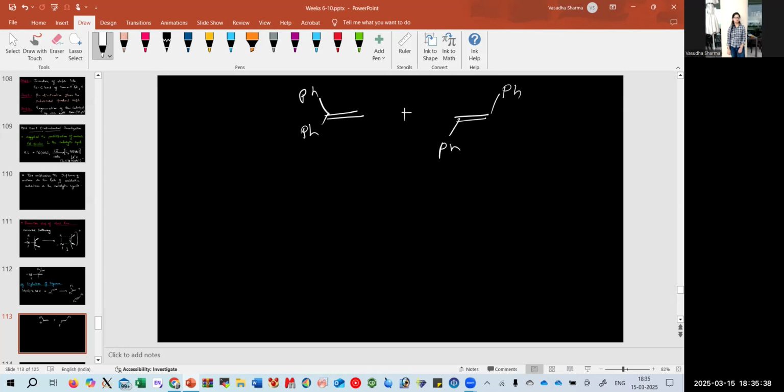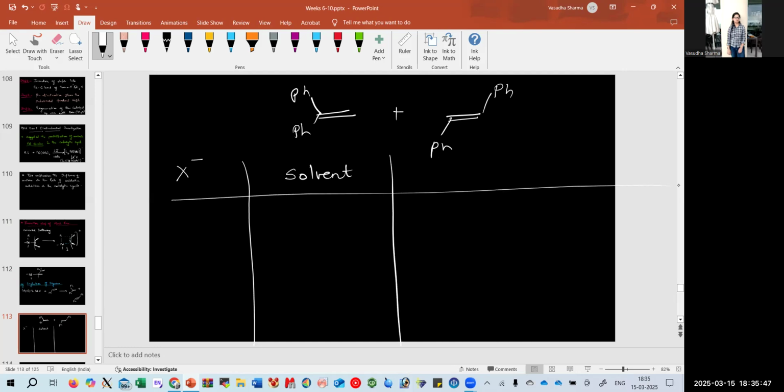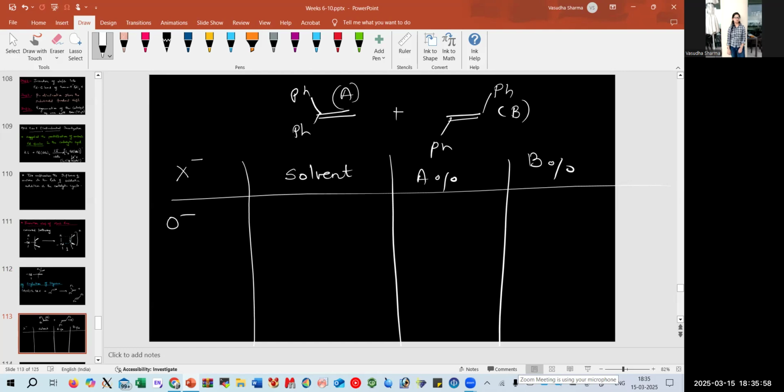It depends upon a lot of factors, which is your leaving group X, your solvent, and this is A, this is B. A percentage formation, product formation of B. So if I have a triflate ion and I'm using a solvent which is DMF to water as 9:1, these are all the experimental conditions that have been tried to follow this reaction.